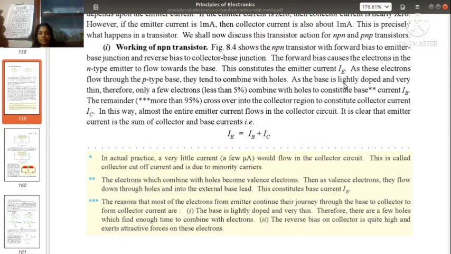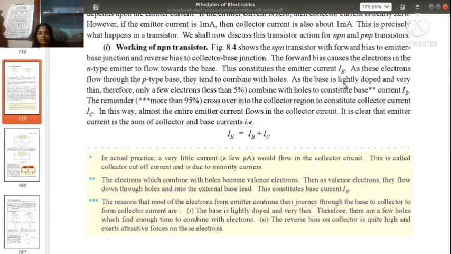As the base is lightly doped and very thin, only a few electrons combine with holes to constitute the base current IB. The remainder cross over into the collector region to constitute the collector current IC. In this way, almost the entire emitter current flows in the collector circuit.